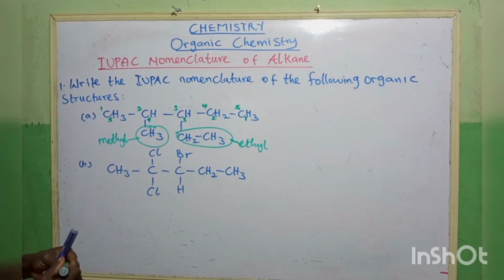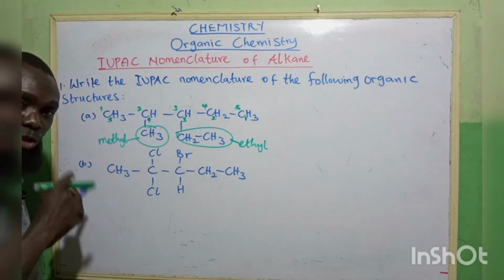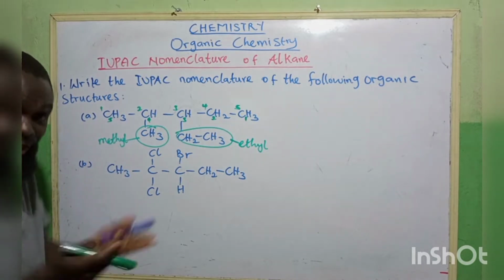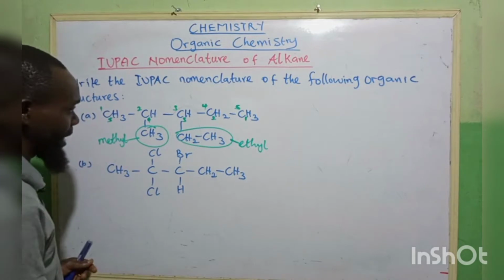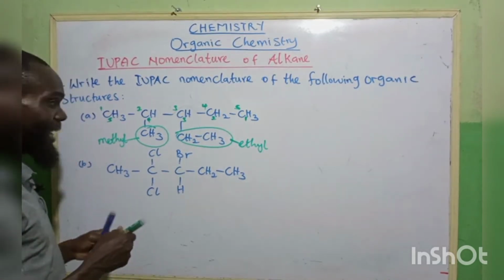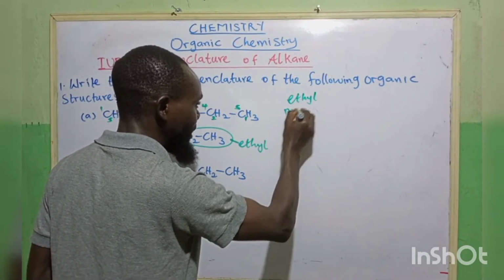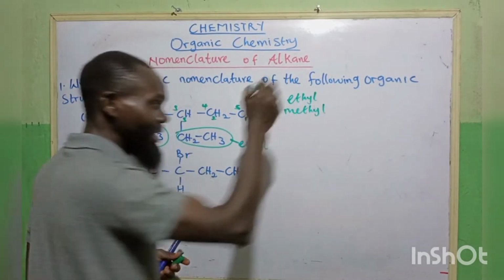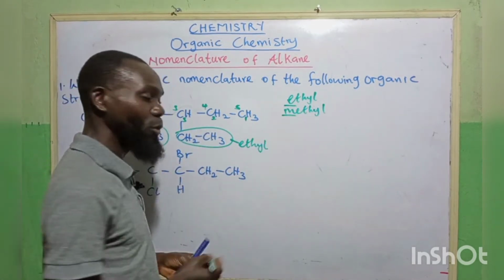Now, how can I know where to start counting from? Don't forget my substituent group, which is the attached group, we determine this. For my right hand side, I have two attached groups, ethyl and methyl. In their alphabets, out of E and M, which one will come first?